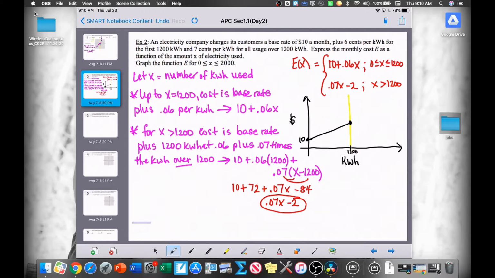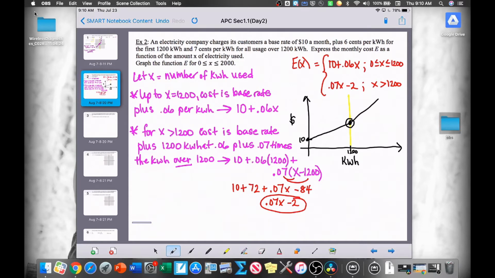For the first line, it's going to be included because our first function is for values of x that are between 0 and 1,200 and include 1,200. So this is a closed circle for the first line. The second line is for values of x that are greater than 1,200. So the open circle and the closed circle are lying right on top of each other. And then the slope here is 0.07, which is slightly larger than 0.06. So we're going to exaggerate this a little bit on our graph.